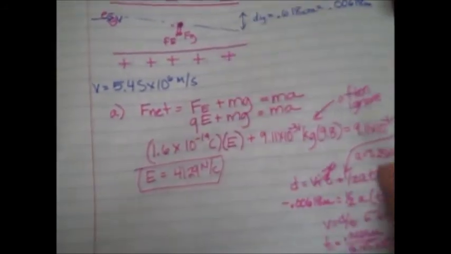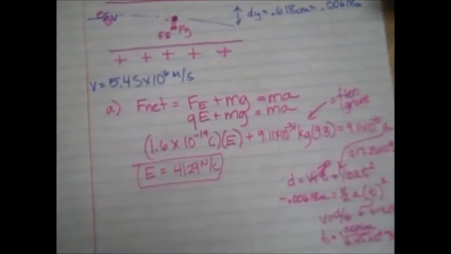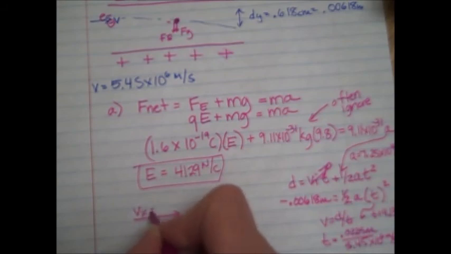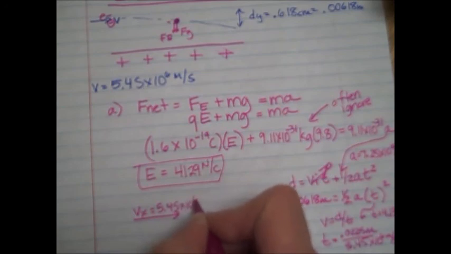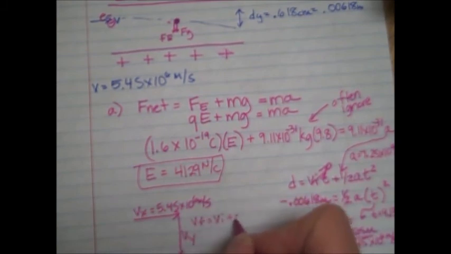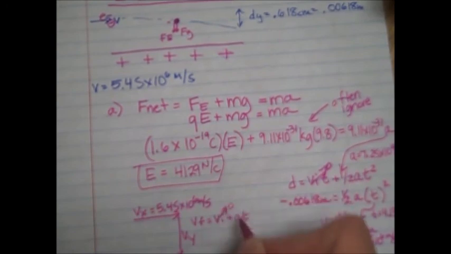And this really comes down to a projectile motion type problem, where in the x direction, the velocity in the x final would be your initial velocity of 5.45 times 10 to the 6 meters per second. And to find the velocity in the y, we do vf equals vi plus at. vi was 0.